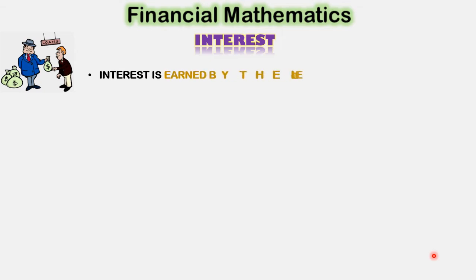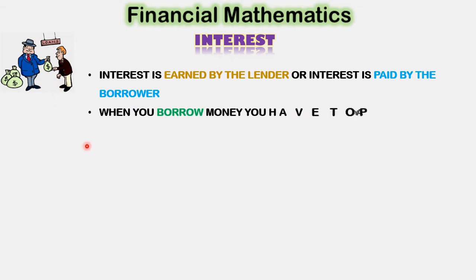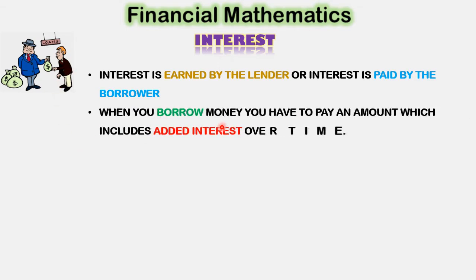Now let me break it down in simpler terms. What is interest? When somebody talks about interest, it is earned by the lender, like I was indicating. The lender is going to earn that interest, or the interest is paid by the borrower. And when a borrower borrows money, the borrower is supposed to pay back the borrowed money plus interest.